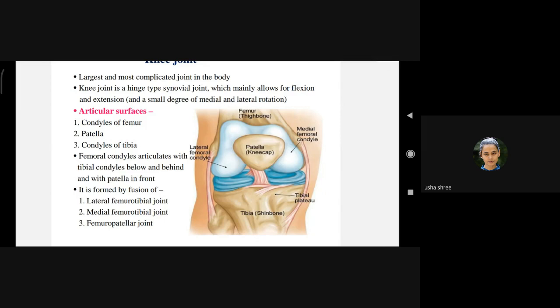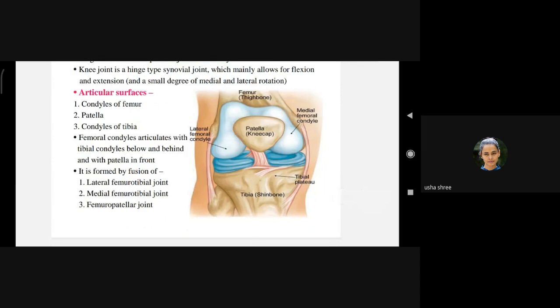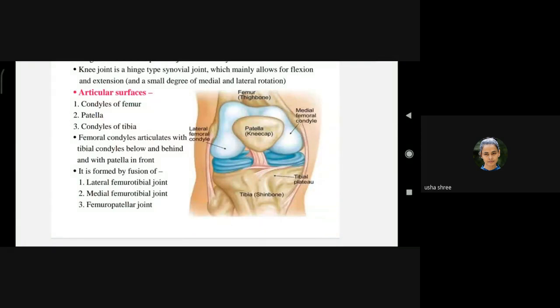Can you repeat the question, ma'am? We are assuming our right leg's knee joint, and now I am asking about the left condyle of right knee joint, is it medial or lateral? Should be lateral. No. The left side of right leg is towards the midline of body, right? How would we know that, ma'am? Yeah, it's medial.